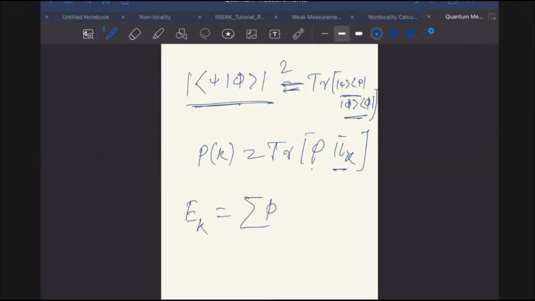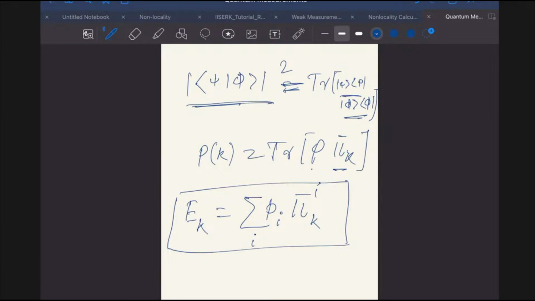This term, what I have written, pi i k, is called the POVM element. This is just an intuitive idea of realizing a POVM. Let me give an example, then it will be more clear.